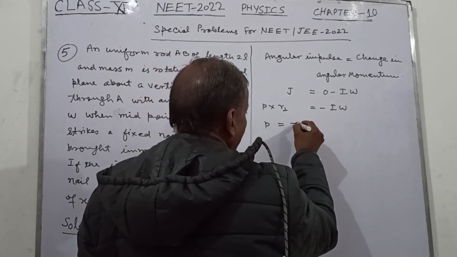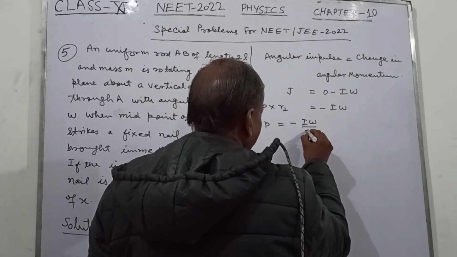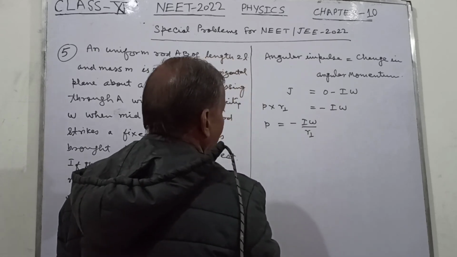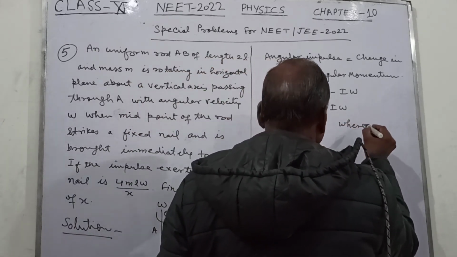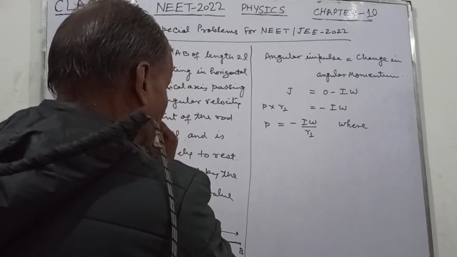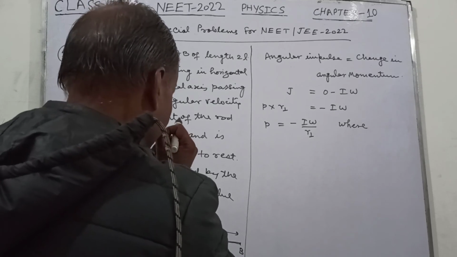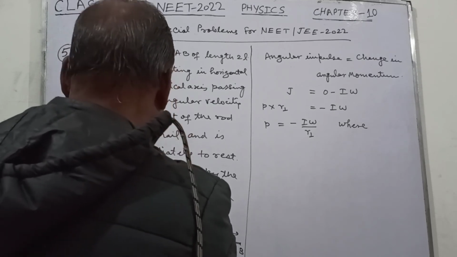P is equal to minus I omega upon R perpendicular, where P is not equal to the impulse.